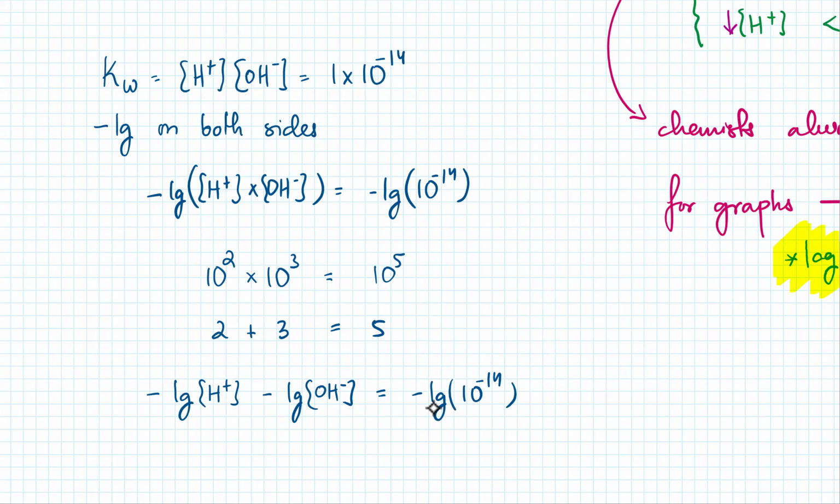Okay. So again, I'm just going to recap everything. I'm telling this in detail because a lot of people haven't studied log. So I took log on both sides. What log does is that it expresses the value in powers of 10. And there's a property of log, which is that if two numbers are getting multiplied and you're getting a third number, in terms of log, they're actually getting added up. 10 power 2 times 10 power 3 is 10 power 5, so in terms of log, they're getting added up.